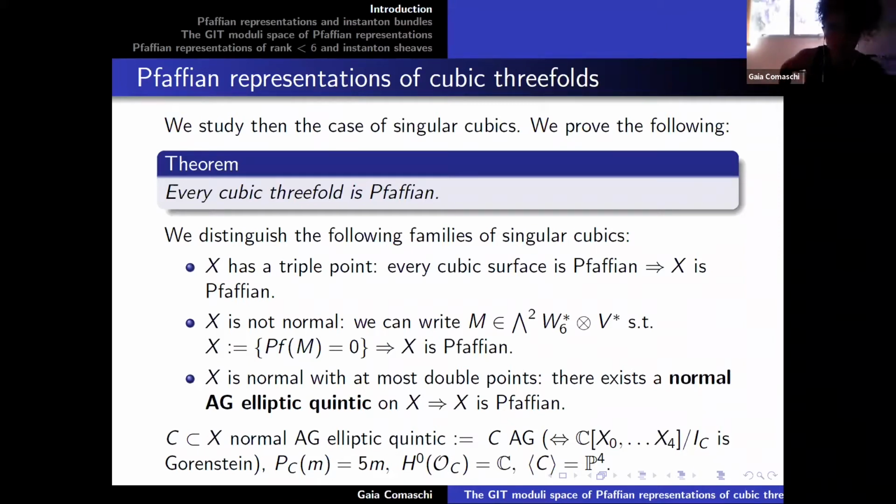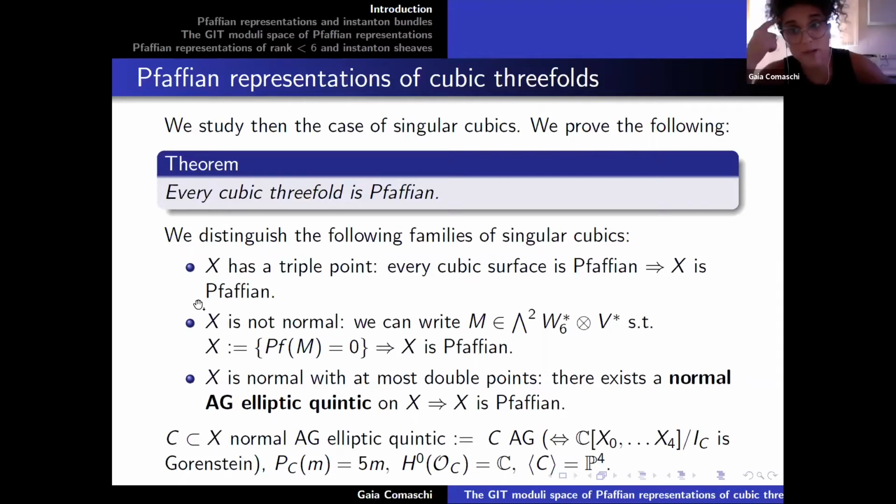To do this, we will distinguish three families of cubic threefolds. We consider the cubic threefolds that present triple points, where the existence of Pfaffian representation is deduced by the existence of Pfaffian representation of cubic surfaces.